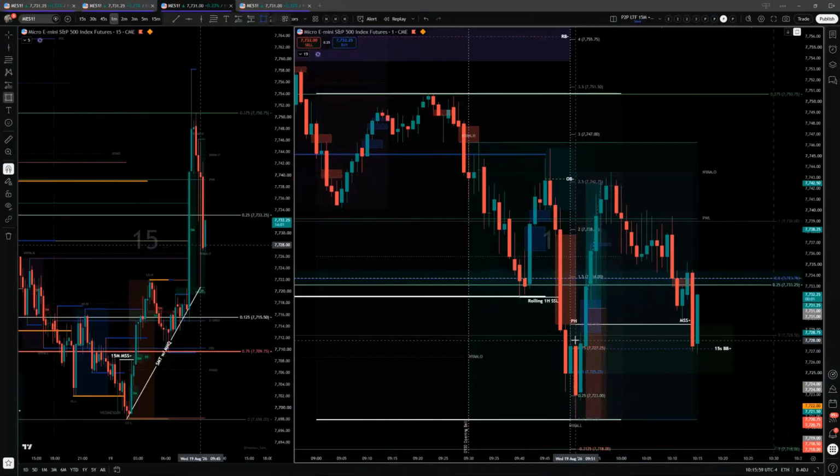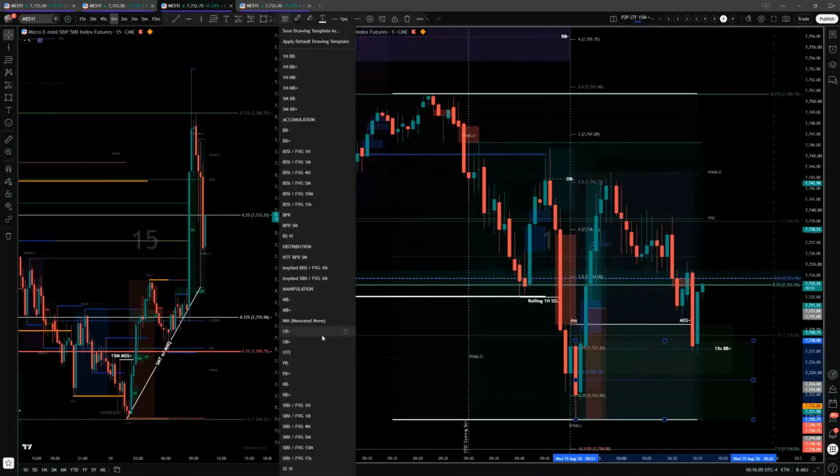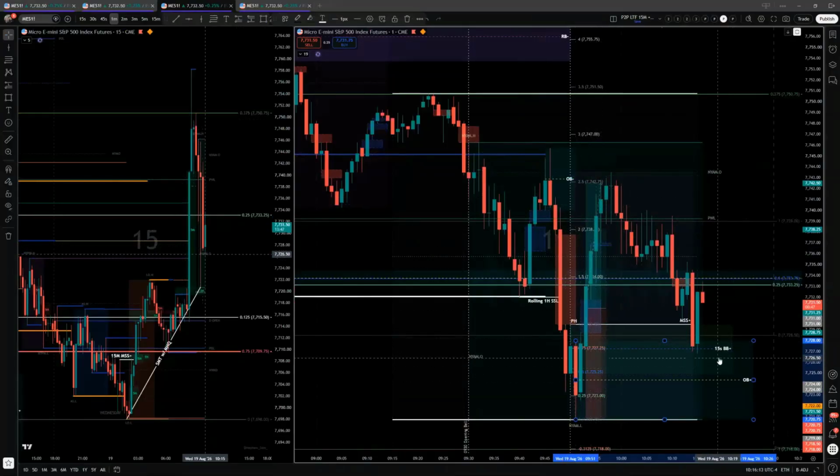you've got a 1 minute bearish order block here. Bullish. Right? Down close candle, fair value gap.